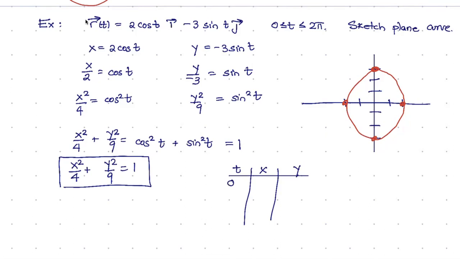So for example, if t is equal to 0, we find that we're at the point 2, 0, which of course is this point right here. And if t is pi over 2, then we're at the point 0, negative 3, which means that we've come down and we are traversing the curve in the clockwise direction.